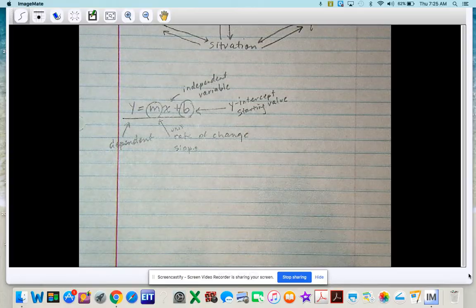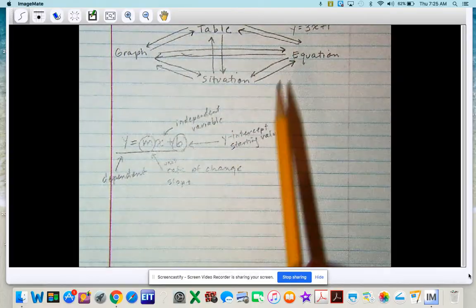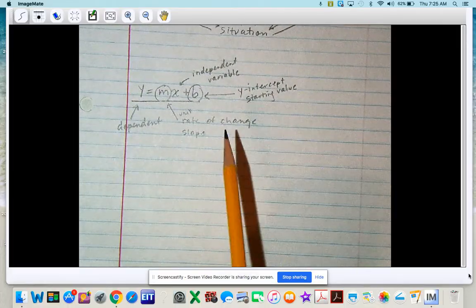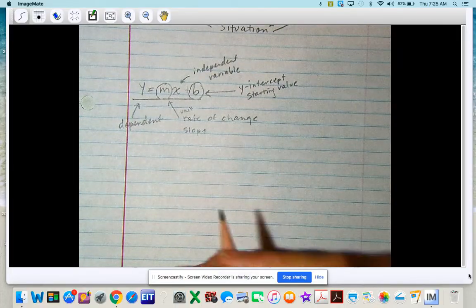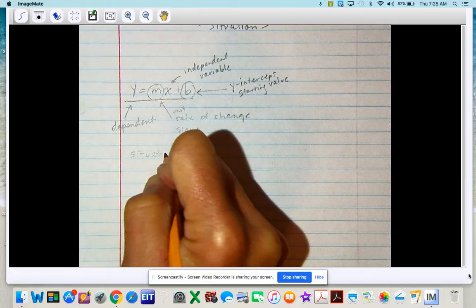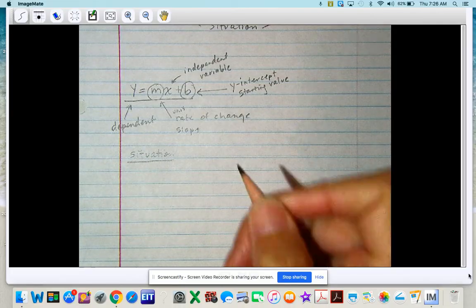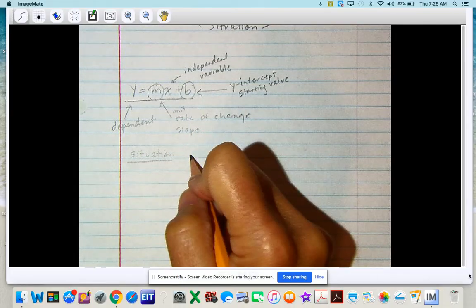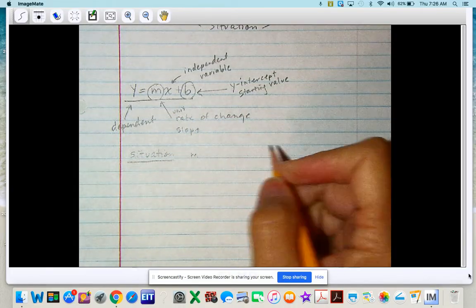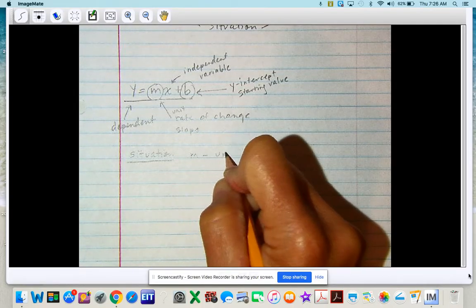Okay, so let's look specifically at each of these, the four things from above, and see how you figure out what the m and the b are. So if I had a situation like a tile pattern, some kind of story, what would the m be? How would I find that in the story? Well, if it's a linear relationship, the m would be whatever the unit rate of change is.